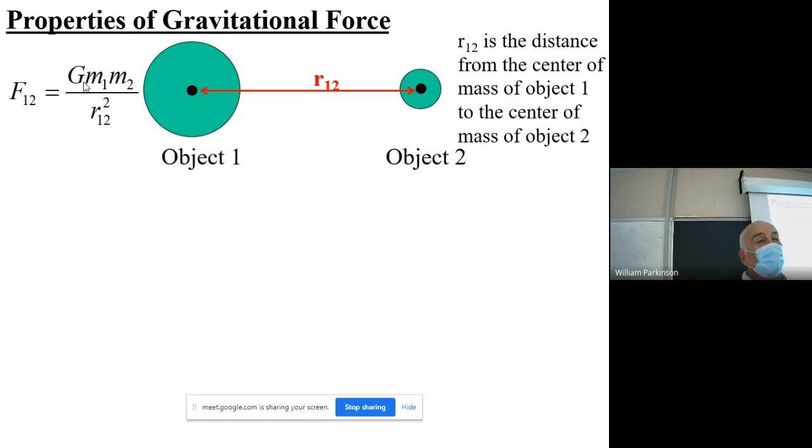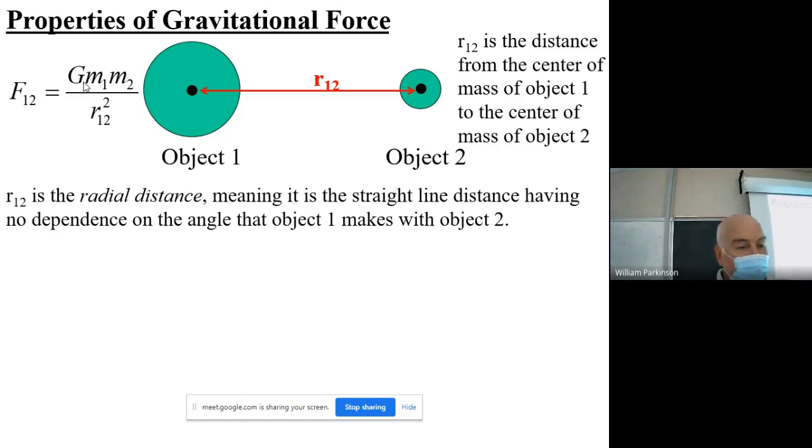Of course, the radius of the circle that I put object 2 on will be the same at any point on that circle. So when we say the radial distance, it's as if you're putting object 1 at the center of a circle and then object 2 on the perimeter of that circle. And you can move it around anywhere you want, and that radius would stay exactly the same. So that's what I say there. It is the radial distance. It's the straight line between the two objects.